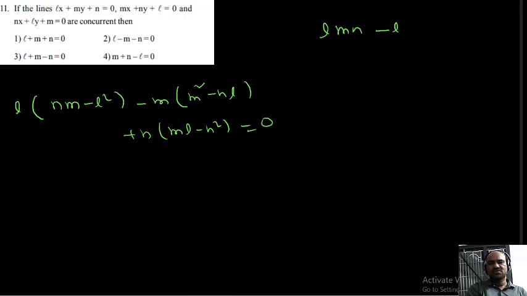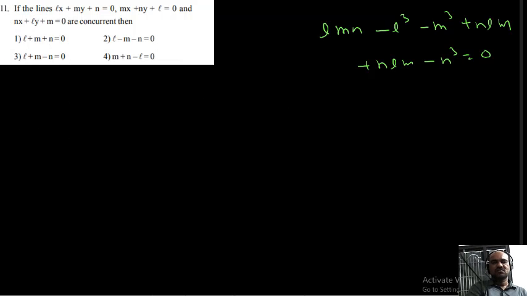LMN minus L cube minus M cube plus NLM plus NLM minus N cube equal to 0. What is this? L cube plus M cube plus N cube equal to 3LMN.